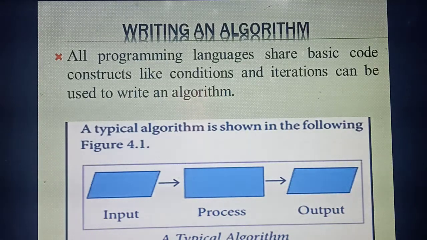For example, if you are going to add two numbers, the two numbers are the input for your program or algorithm. The processing is, for example, a plus b. The answer you get is the output. So each and every algorithm will have proper input, process and output.